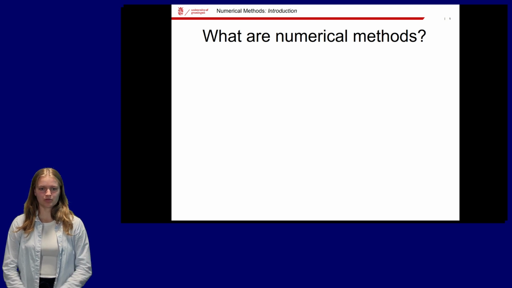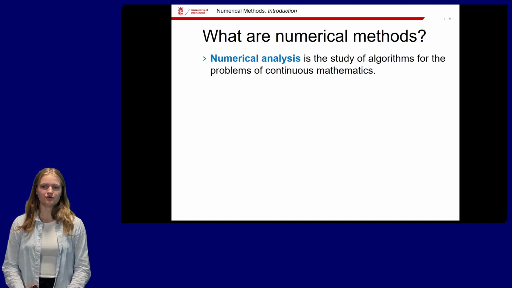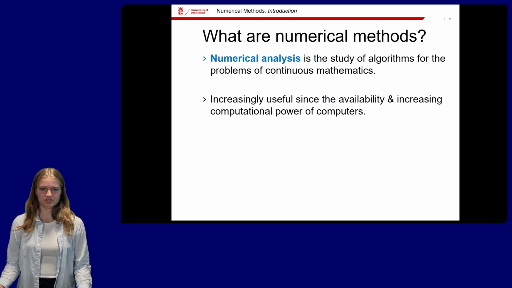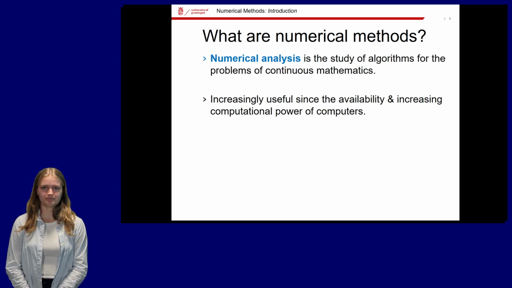So here I'll briefly explain what numerical methods are. Numerical analysis is the study of algorithms for the problems of continuous mathematics. Obviously, since the widespread use and improvement of the computational power of digital computers, numerical methods have become increasingly more useful and more common to solve real-world problems.